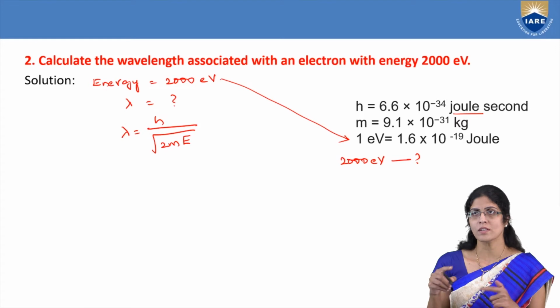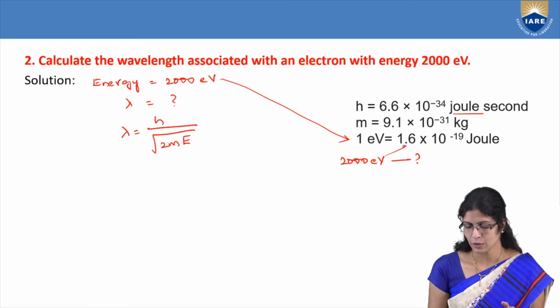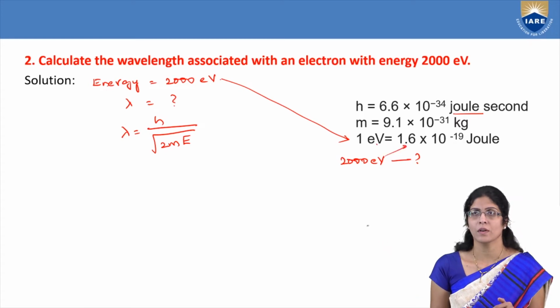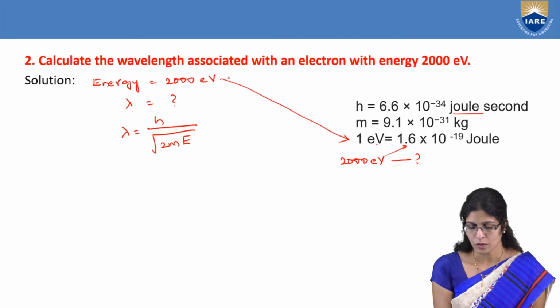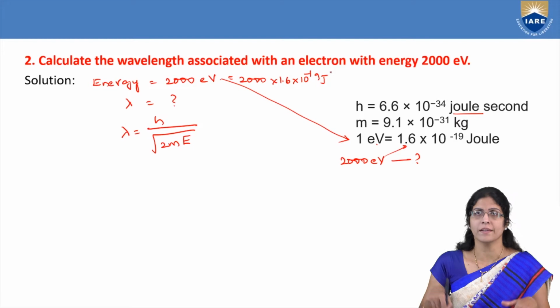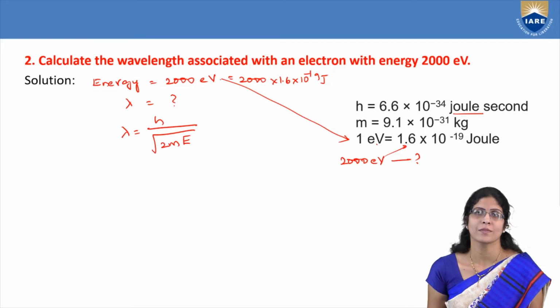Okay, just go for cross multiplication. So 2000 into 1.6 into 10 power minus 19 joules by 1. So it will come as this result.